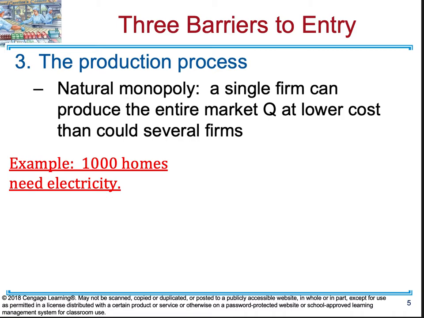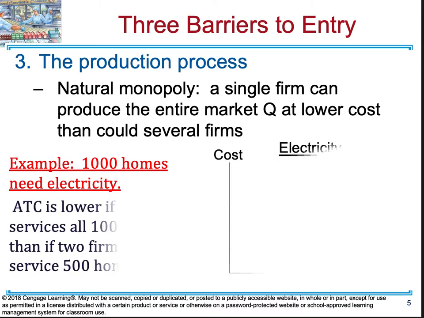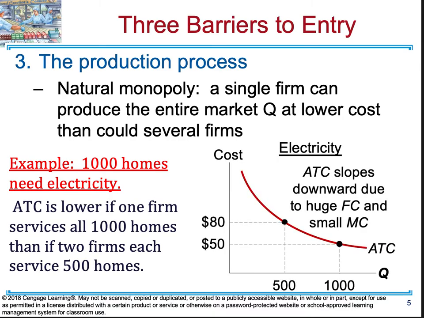So let's just say 1,000 homes need electricity. So here we have our average total cost for a firm that produces electricity.